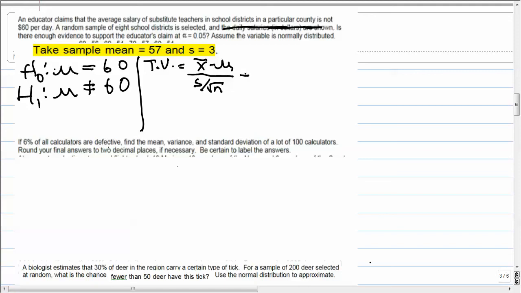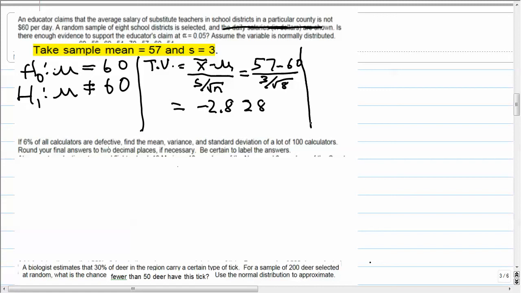Taking this and plugging everything in, we're going to have 57 minus the mean divided by the standard deviation divided by the square root of n, which is, I believe, 8. Okay? When you calculate this, you're going to get negative 2.828. That's your test value.